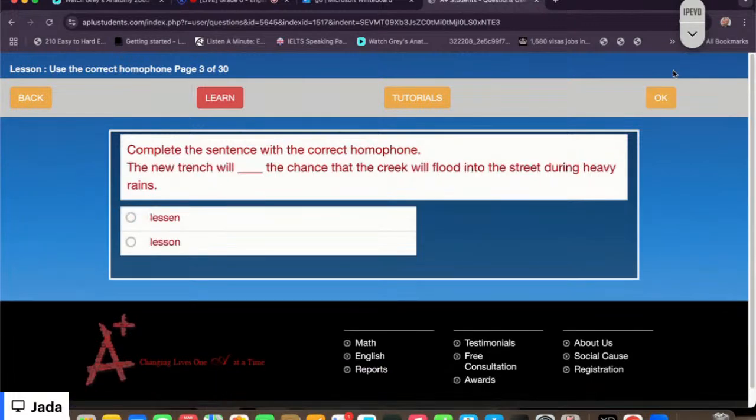So we have the new trench will dash the chance that the creek will flood into the street during heavy rains. Lesson or lesson? First or second?